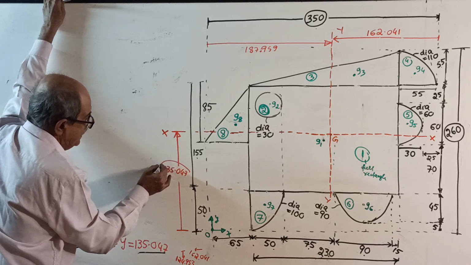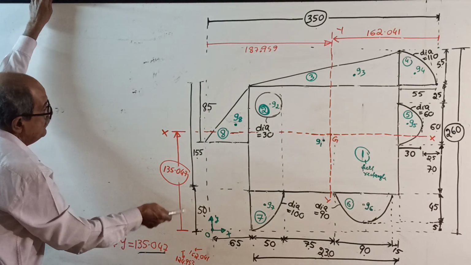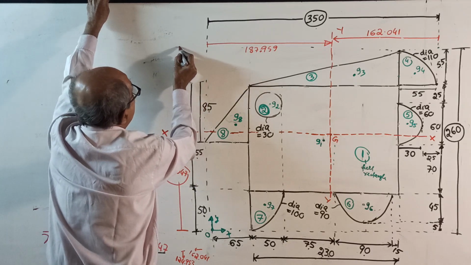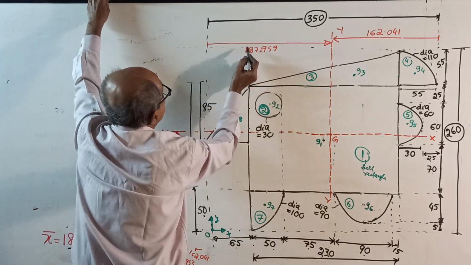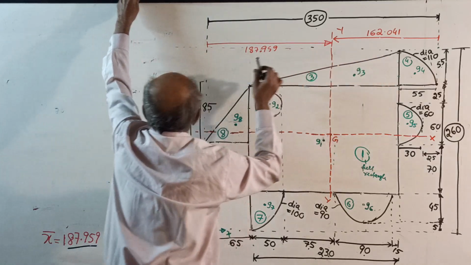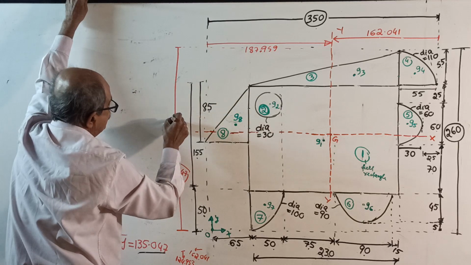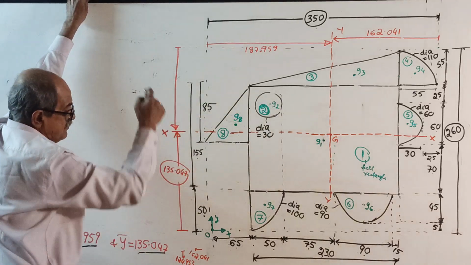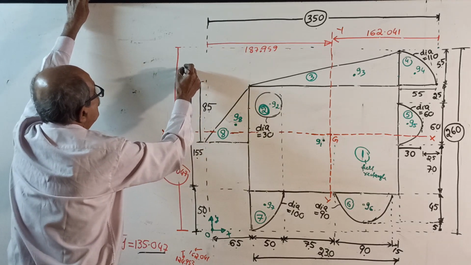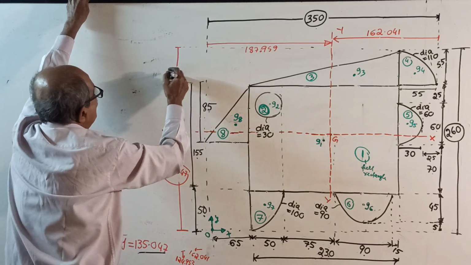I will round off to identify. Then from the topmost edge, there is a y bar from that side, 124 point. Okay, round off. Both identify.